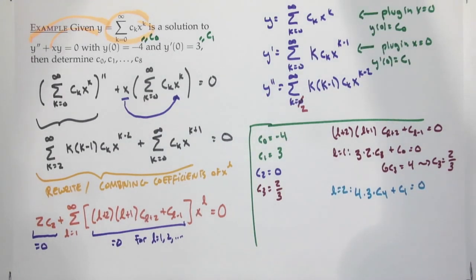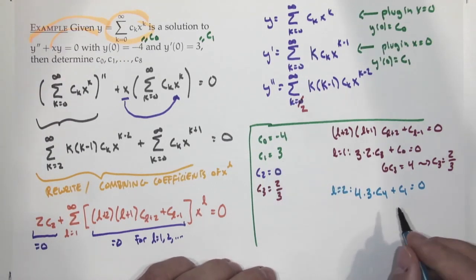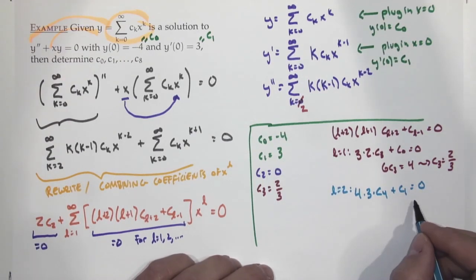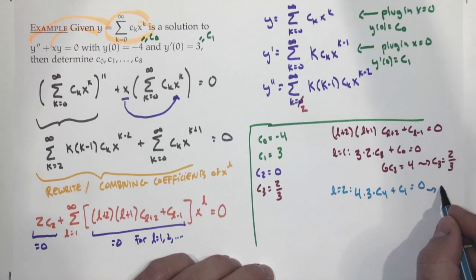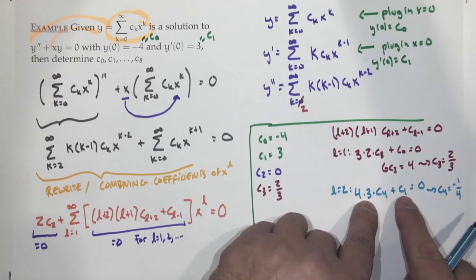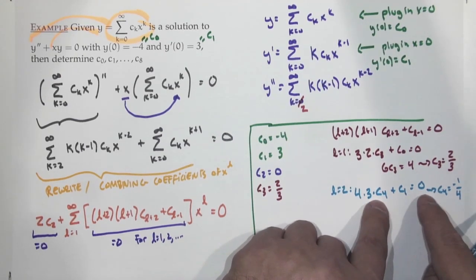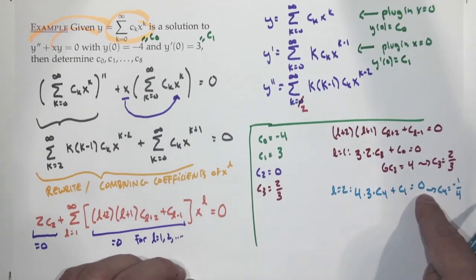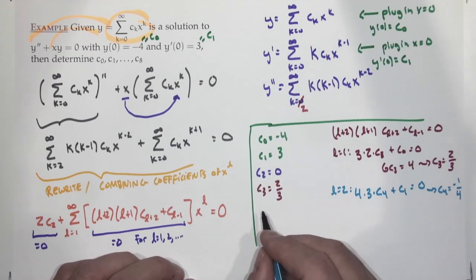Well, what do we know about C1? It's 3. Actually, so those 3's cancel. Can you see what C4 is? -1/4. All right, the 3's will cancel, which leaves us with 4C4 plus 1 equals 0. 4C4 equals -1. C4 equals -1/4.